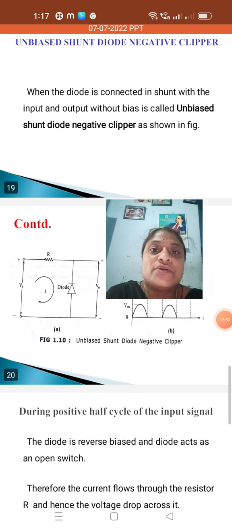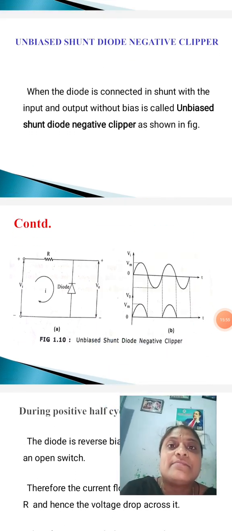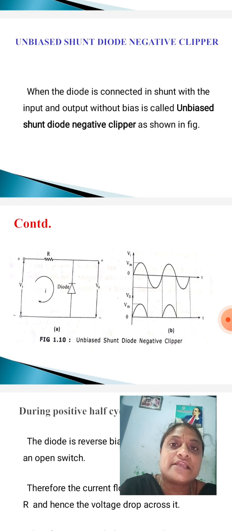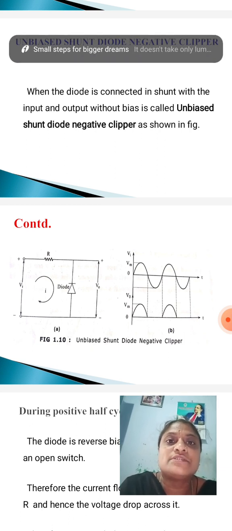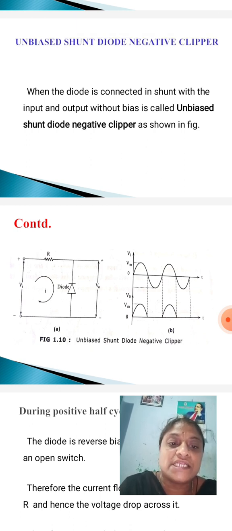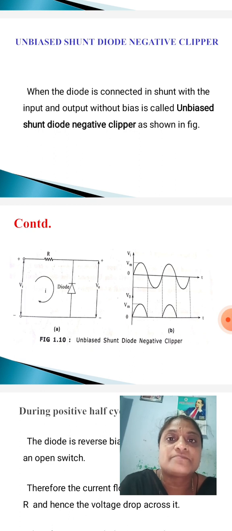Next, unbiased shunt diode negative clippers. Another type of unbiased negative clipper is the unbiased shunt diode negative clipper.